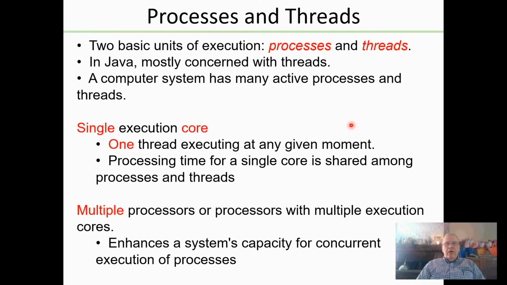So there are basic processes, and then there are sub-processes called threads. In Java, they're pretty much indistinguishable on the surface, but a process has an entire environment, and a thread runs within a process.